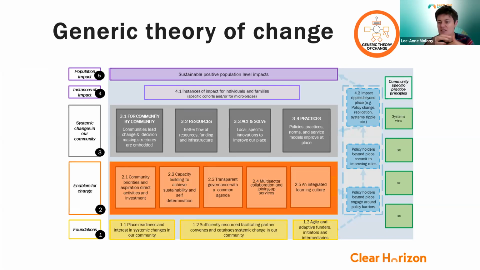But the thinking is still the same. We have some foundations that we work from. We do stuff on the ground, which starts to create the process of change. And as a result of that, we start to see bigger changes, which is what we want to see, and which is why we're doing this program. Again, they've got their principles down the side in green.